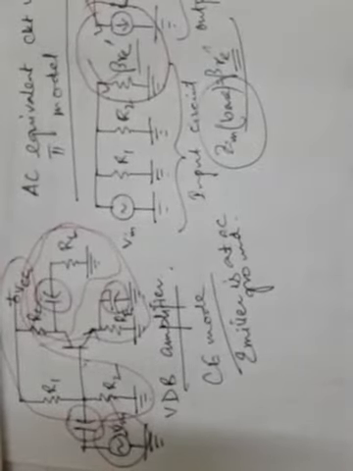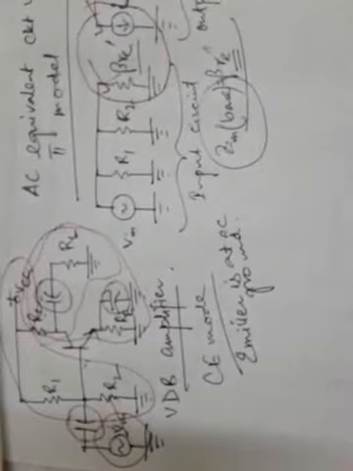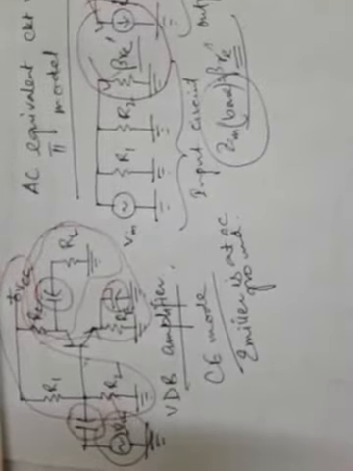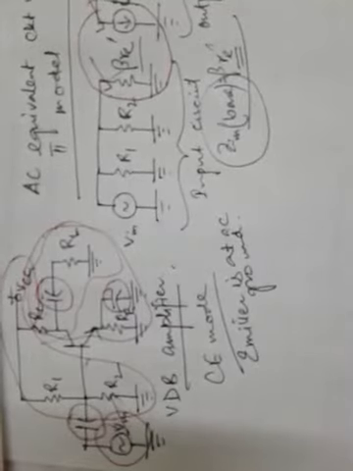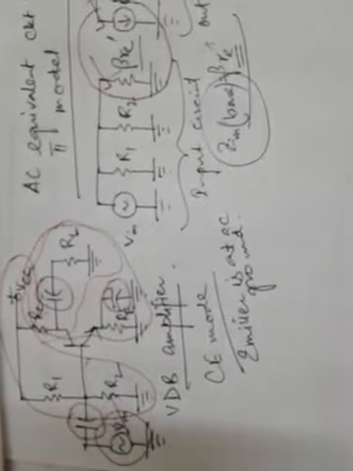There are two other basic transistor amplifiers possible, in common base mode and common collector mode. You already know the common base amplifier has its base at AC ground, and for the common collector amplifier, obviously its collector should be at AC ground.